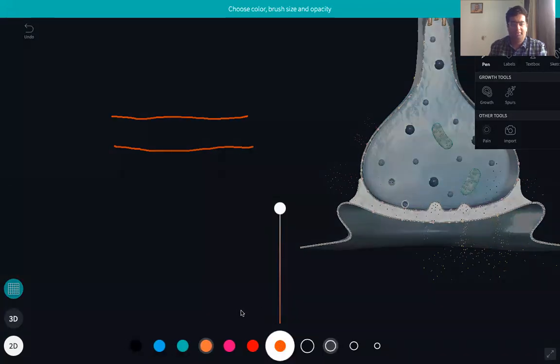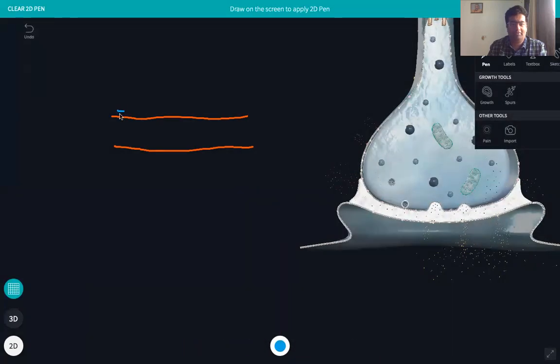Suppose currently there is no impulse being transmitted, then the outer region of the membrane will be positively charged due to a higher concentration of sodium ions, while the inner region of the membrane would be negatively charged.